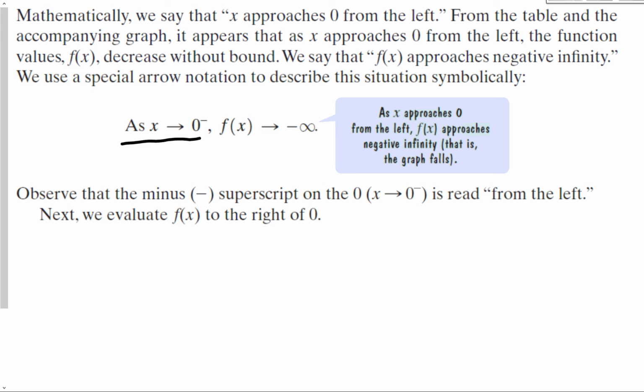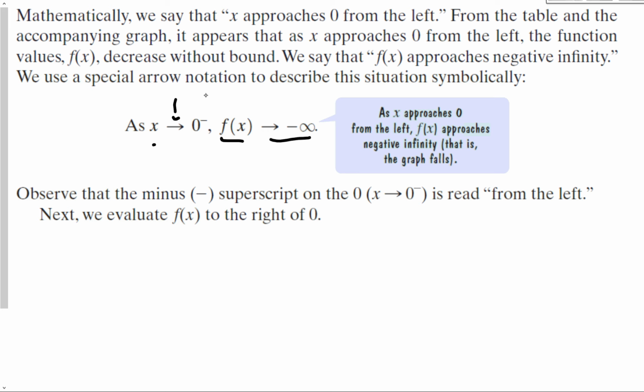As x approaches 0, and this little negative right there means that you're approaching 0 from the left, because different things can happen in a function as you approach a number from one side or the other side. You think about starting to the left of 0 and moving closer and closer to 0. That's what this little negative sign means. So as x approaches 0 from the left, the answers get much, much smaller: f of x approaches negative infinity.